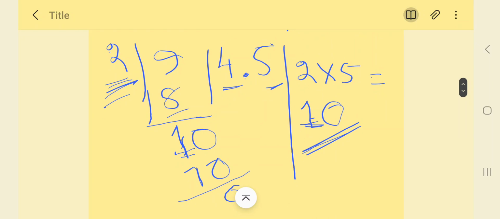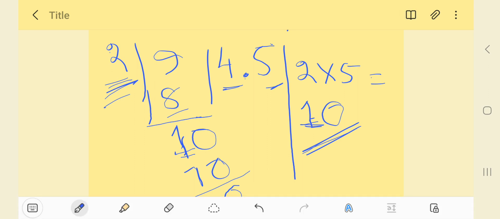So how is it done, briefly explained. First of all, our math was to divide this 9 by this 2, and we tried multiplication: 2 times 1 equals 2, 2 times 2 equals 4, 2 times 3 equals 6, 2 times 4 equals 8.